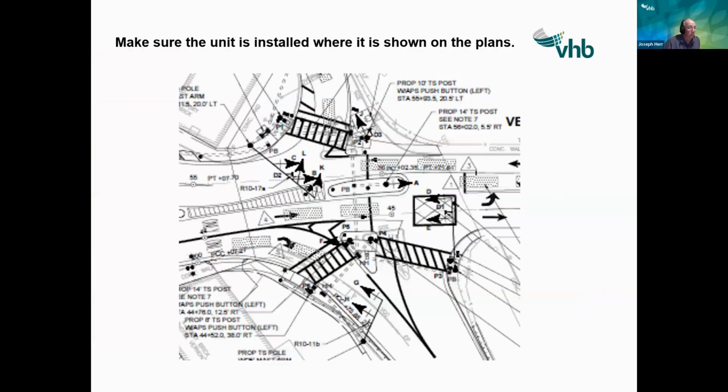Secondly, understand where the ped heads are going. I mean, if you have a T intersection, a four-way intersection, it's pretty straightforward in terms of the vehicle heads and the ped heads if you've been doing this long enough. But sometimes they can get pretty complex. What I usually do is bring out a copy of the plans, and I'll say, okay, this is phase 2 ped, this is phase 6 ped, this is phase 4 ped, and so on.